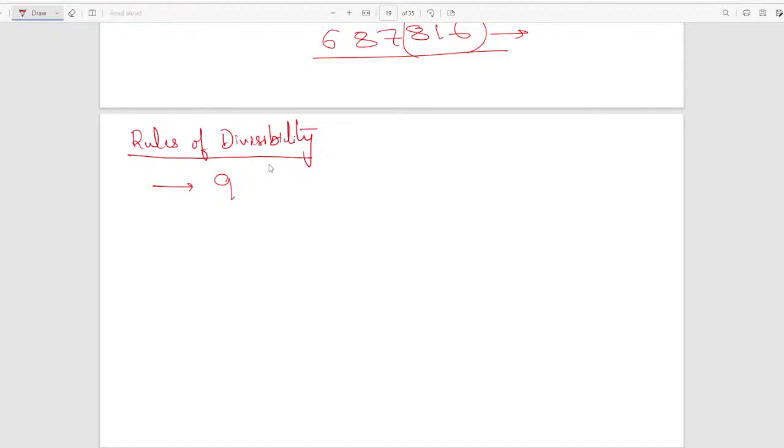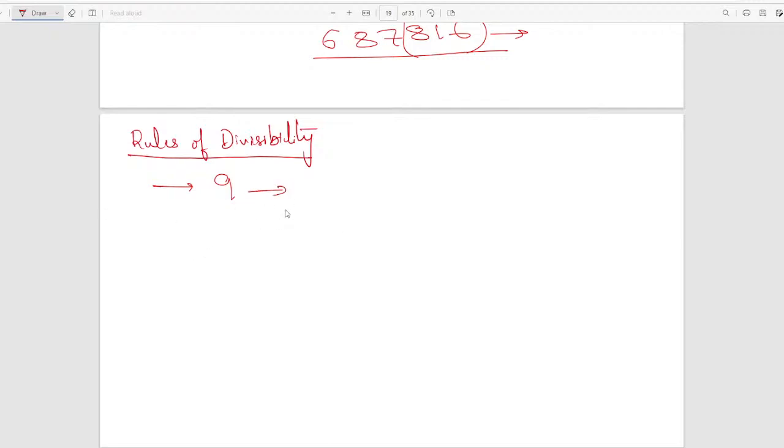I mean, if you want, you can take the divisibility of 7, but it's rather complicated. You can write down the rules for 7 also. So let me cover 9 and then I'll cover 7.